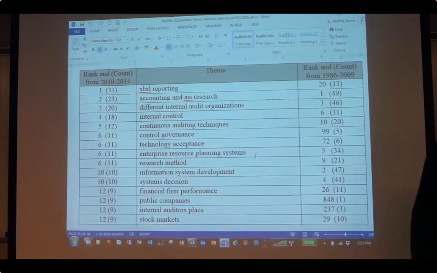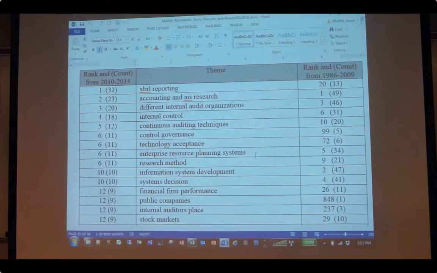All right. What's internal auditor's place? I don't know. I told you how I came up with these lists, and maybe someone who wrote that in their abstract could tell me what it means. I'd have to go look for the original abstract where it says internal auditor's place.